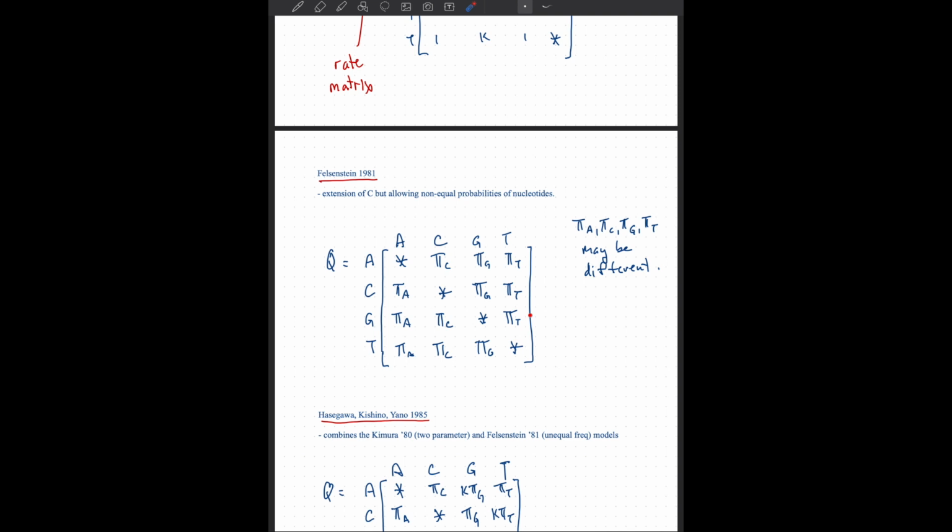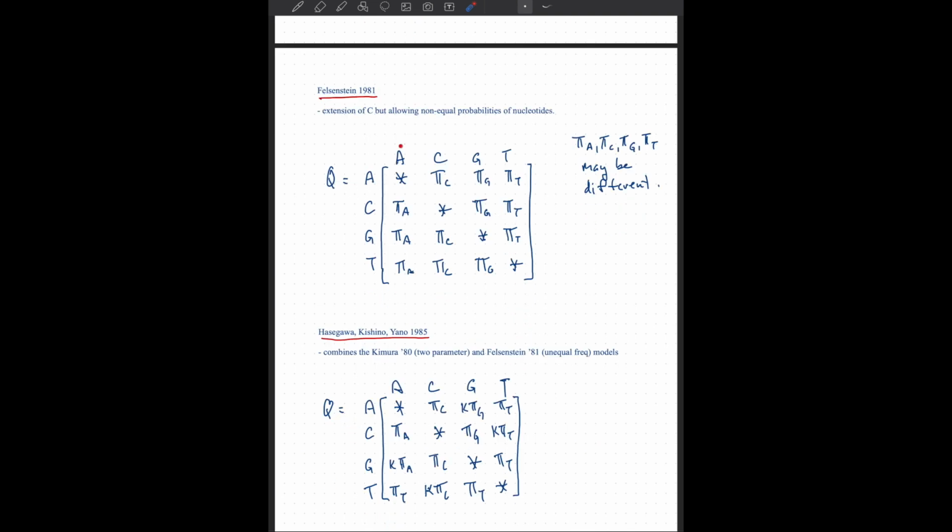Felsenstein went in a different direction in 81, and it's an extension of JC, it's also an extension of the Jukes-Cantor 69, but it allows for non-equal probabilities of nucleotides, which we know is true from your own exploration of the yeast genome. So now, pi A, pi C, pi G, and pi T can all be their own separate values.